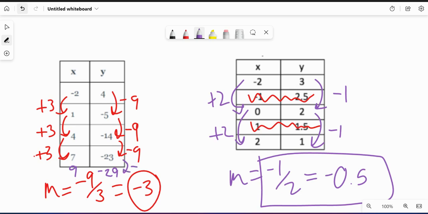So this would go down 6 over 2, right? Negative 6 over 2 also simplifies to negative 3. So it doesn't always have to go in that same constant difference, but as long as you divide them and they're the same at the end, that's what matters.